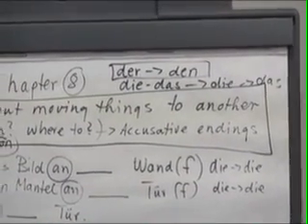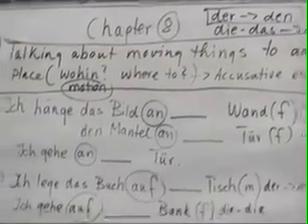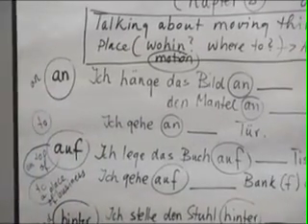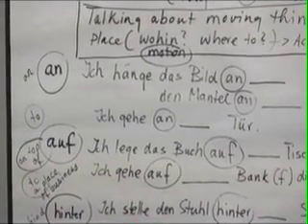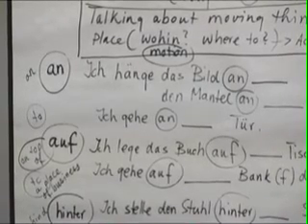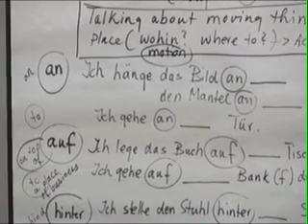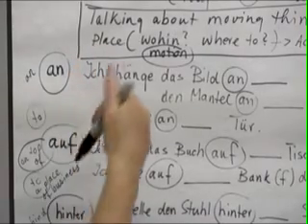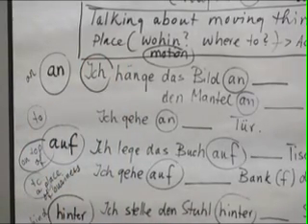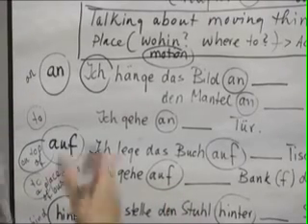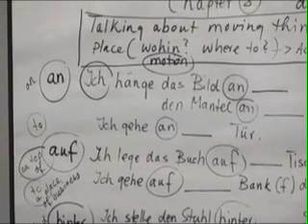All right, now let's look at those prepositions we're talking about. An means on, attached to the side of, right? You attach something to the side of a wall or a door. So now we are adding a person who is doing the moving. And of course, in this case, it's me. I am the decorator, but it could be he or Mr. Miller or whoever it is. We're adding another person.